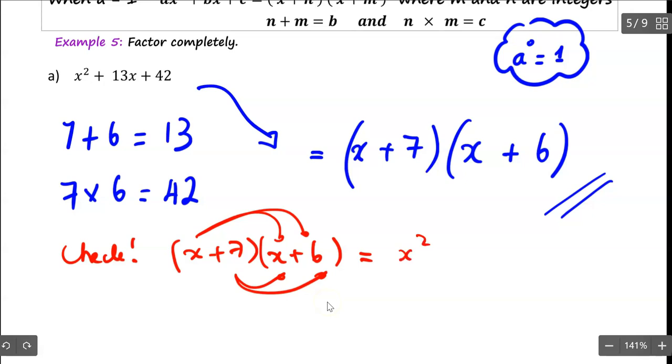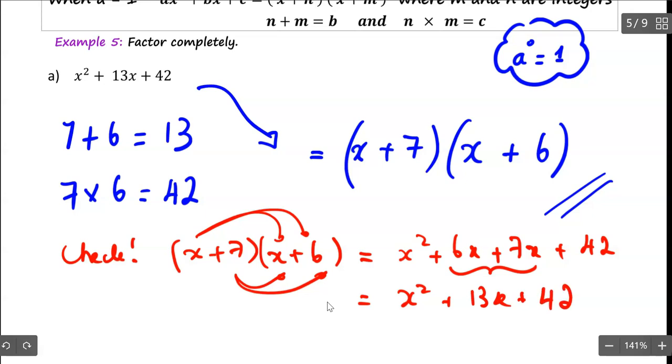So I will have x squared plus 6x plus 7x plus 42. So it's equal to x squared, combine the middle term, I should have 13x plus 42. So I get back to my original expression. Okay, so that means I got the factors correct.